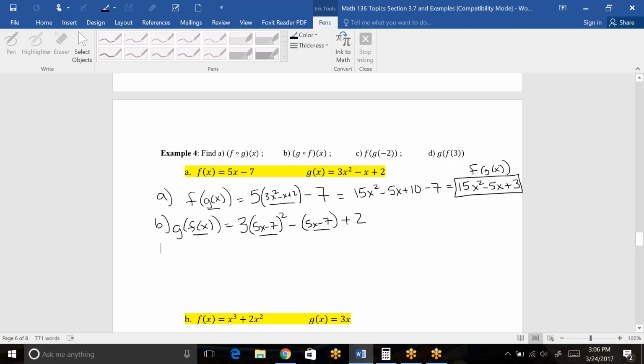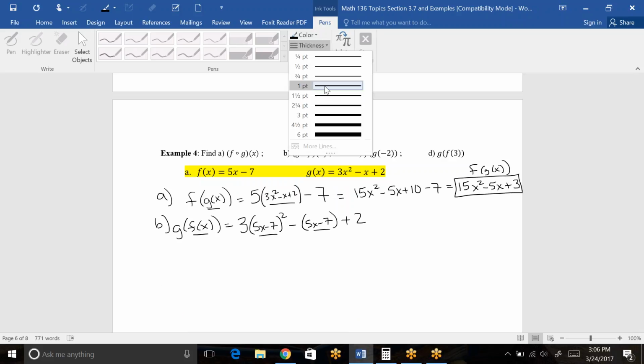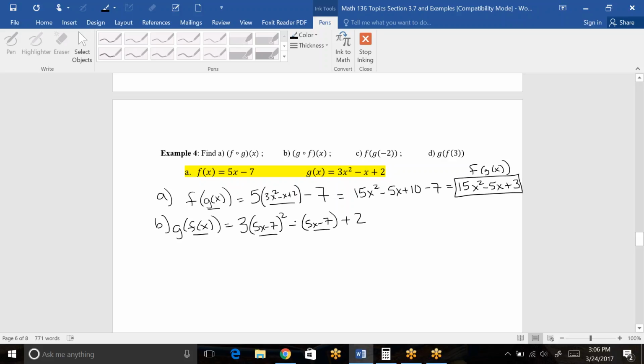Notice that usually one way is going to be harder than the other to evaluate or to work out. This one's pretty bad because we have to square, but we also have to distribute. So this would be 5x minus 7 times 5x minus 7. I'm going to go ahead and distribute the negative right there. I need to FOIL out the 5x minus 7s.